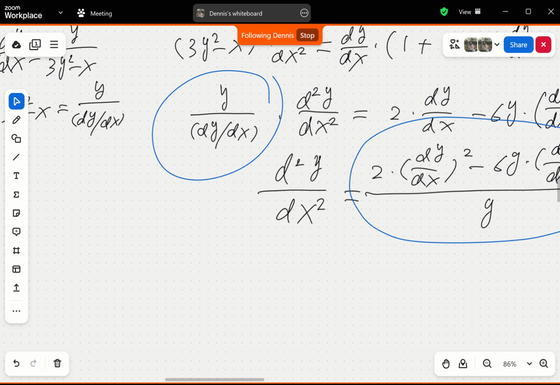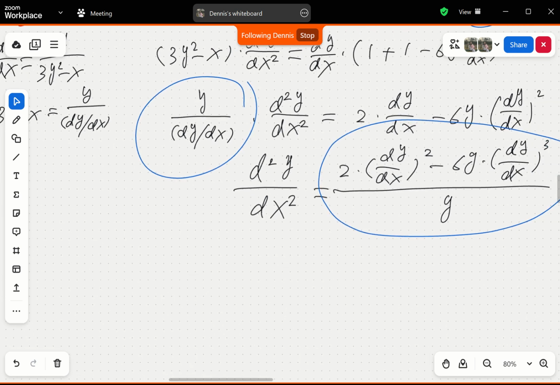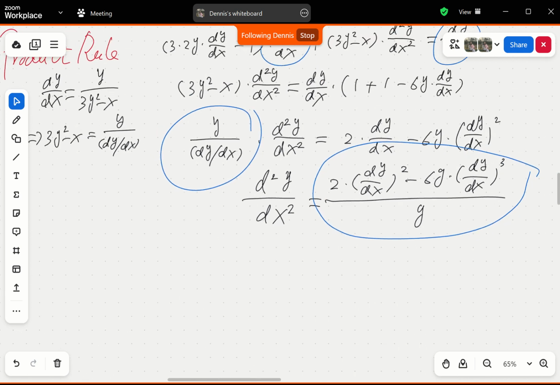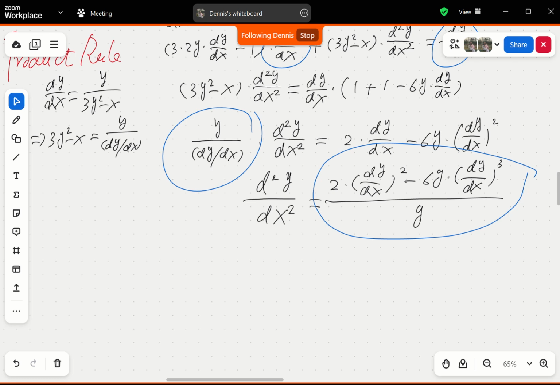So what's the value of the second derivative of y with respect to x at the point negative 1, comma 1?